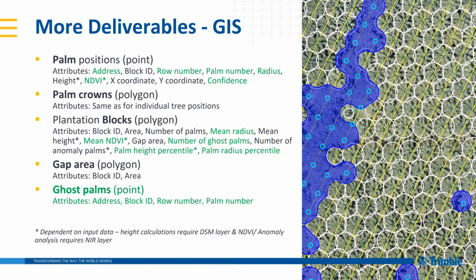I'd just like to add on to that. If your satellite data is in one of the supported image formats, you can try and load it in. The application itself is based on UAV samples. That means you can attempt to use satellite imagery, but we cannot guarantee the accuracy of the results that come out of this, because the application is based purely on UAV imagery at the moment.